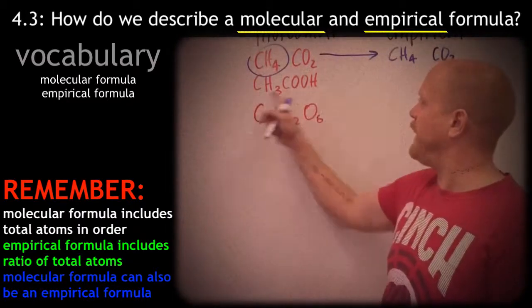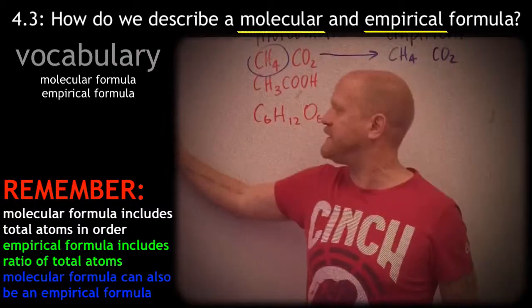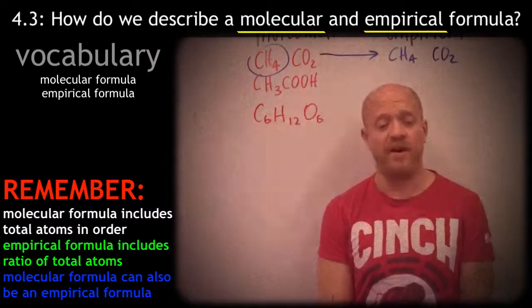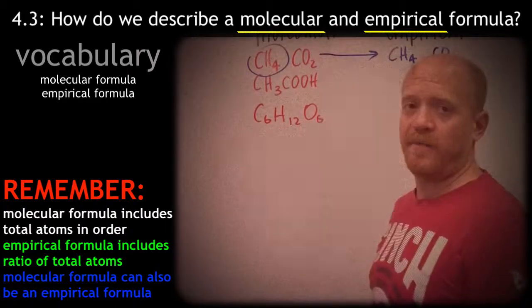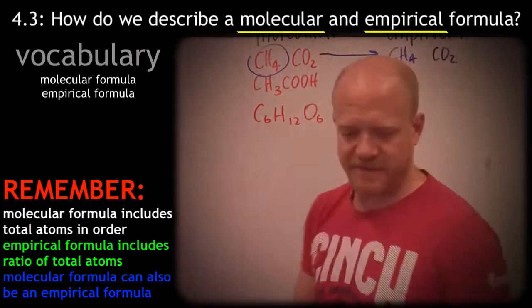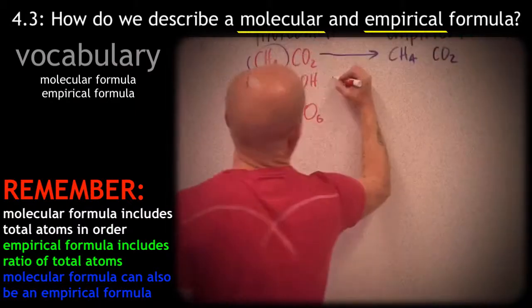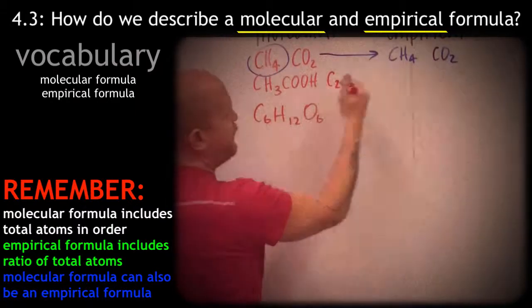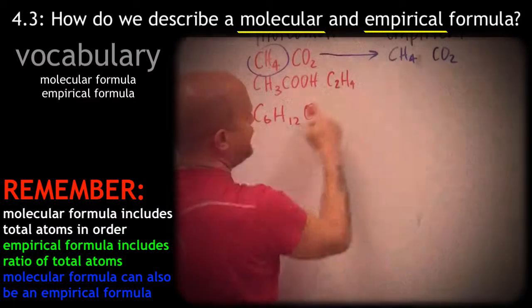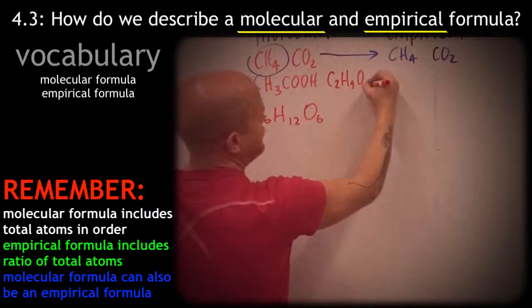Now, this one is ethanoic acid, also known as acetic acid, also known as vinegar. We have 2 carbons, so that's C2. We have 1, 2, 3, 4 hydrogens, and we have 2 oxygens.